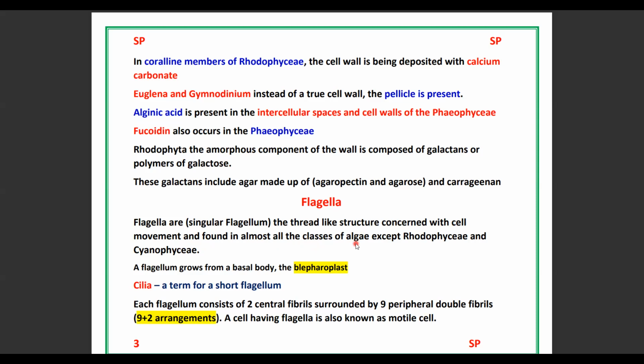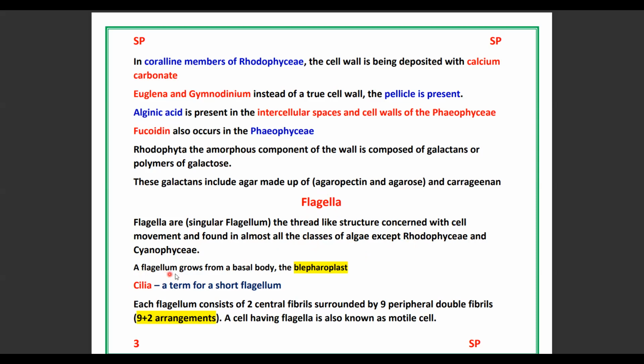But in some algal members, for example Rhodophyceae and Cyanophyceae, the flagella are completely absent. In Rhodophyceae and Cyanophyceae, flagella are completely absent.